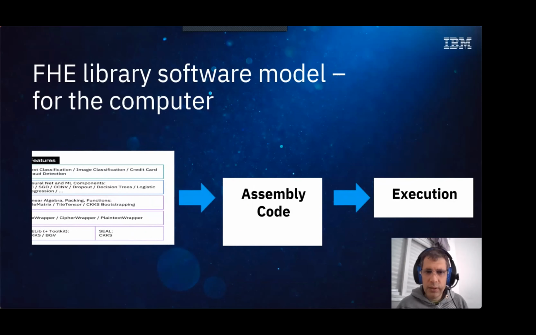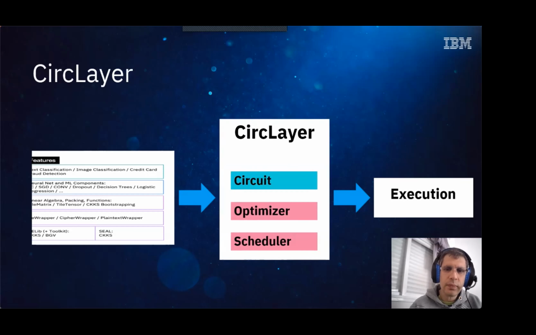So where does Circ layer fit in this model? So it's here. So it's the assembly code. So instead of compiling the code into an assembly code and then executing it on a CPU, we compile the code into something that is a little bit higher level than assembly code.